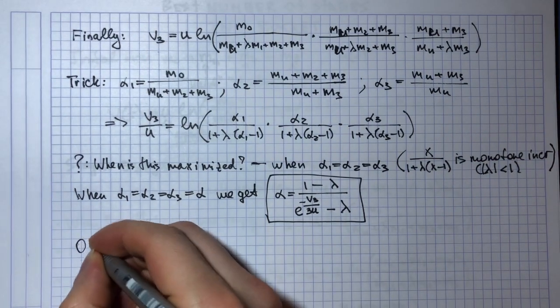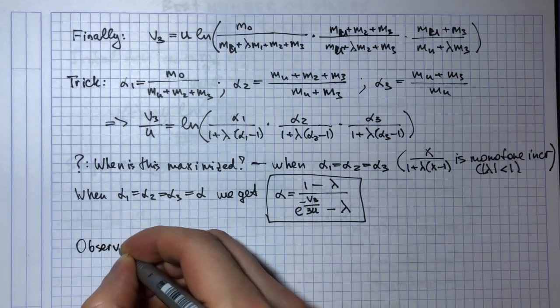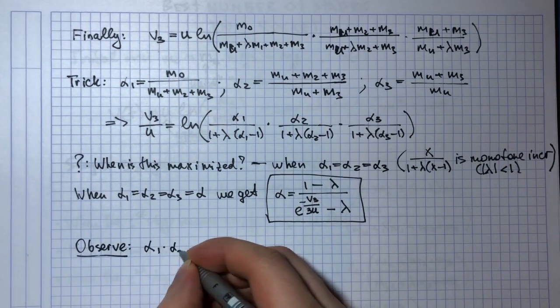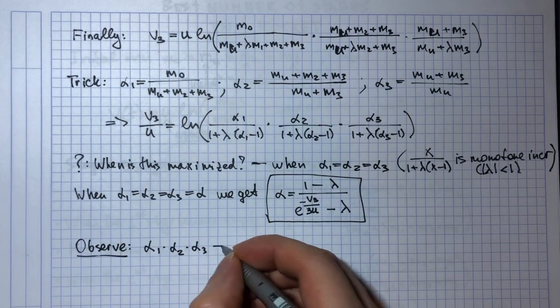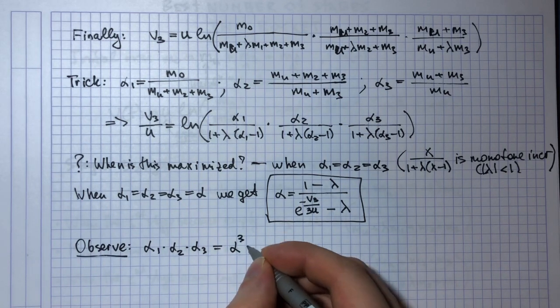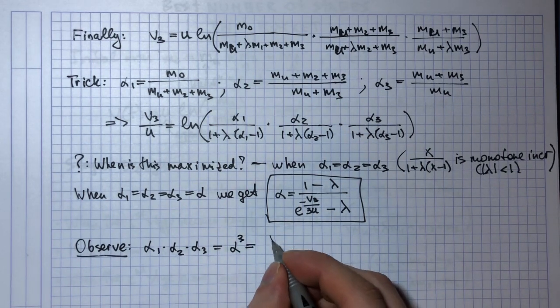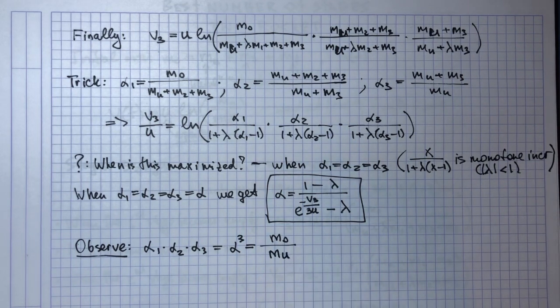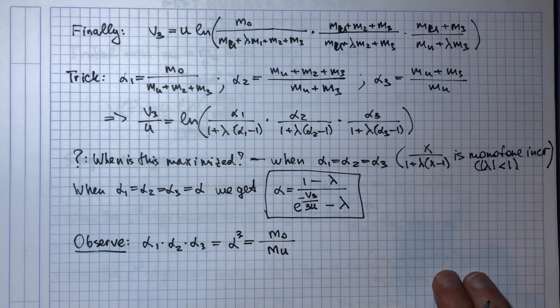Right now, one can observe that the product of these alphas is actually just the ratio of our initial mass to the useful mass.